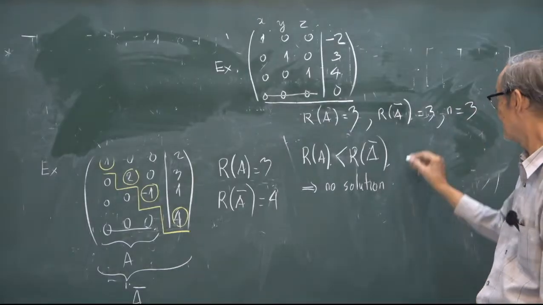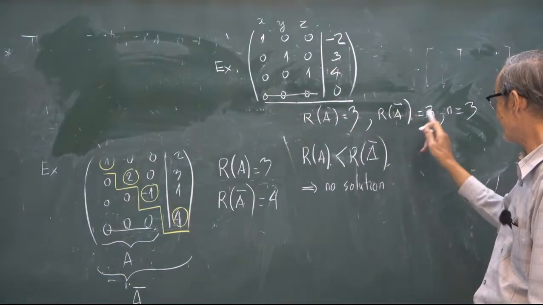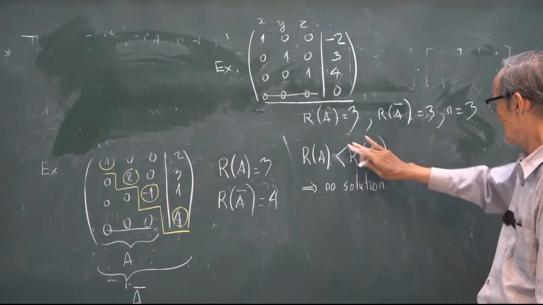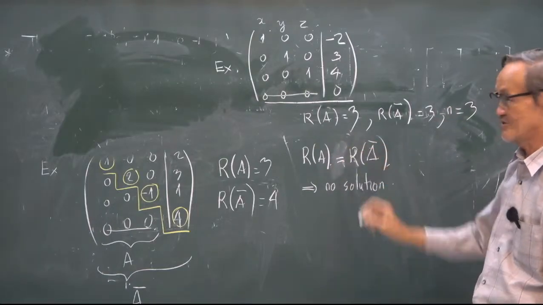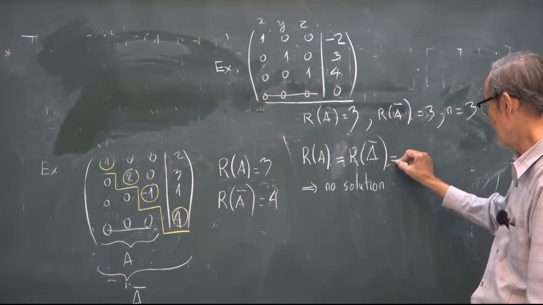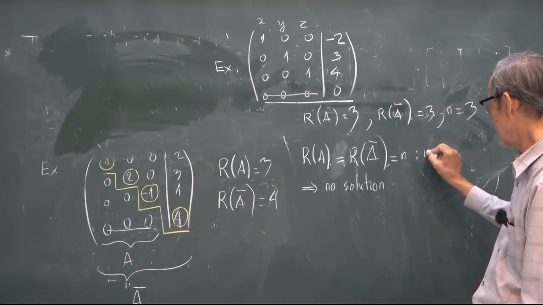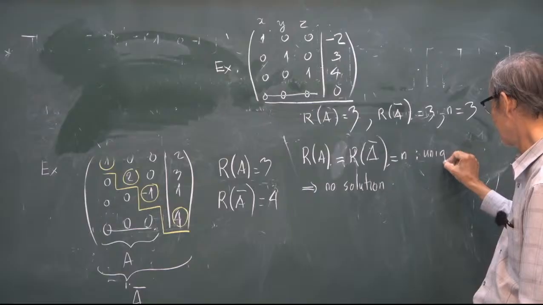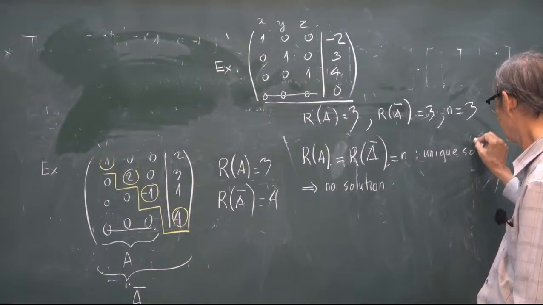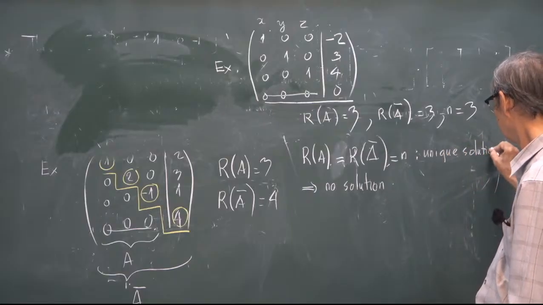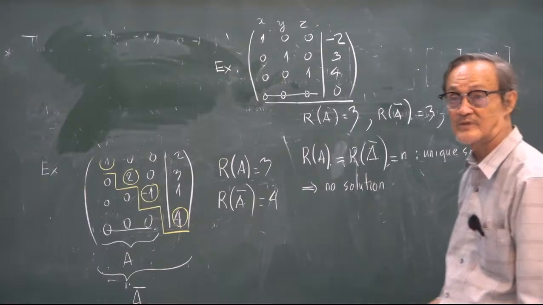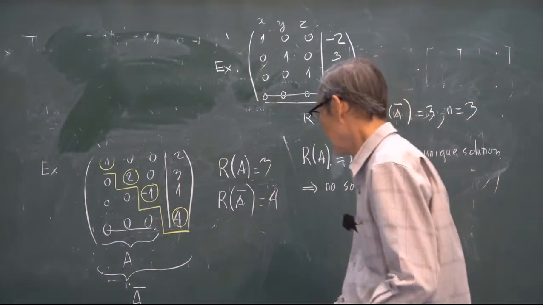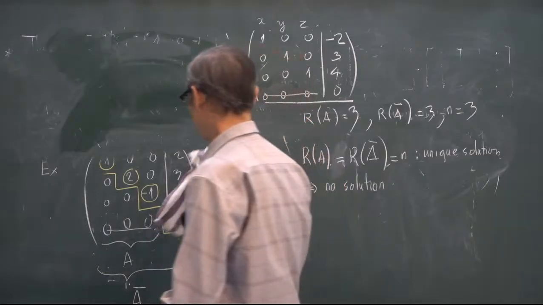Compare these values. We have rank A equals rank A upper bar equals the number of variables, so a unique solution. Very clear.